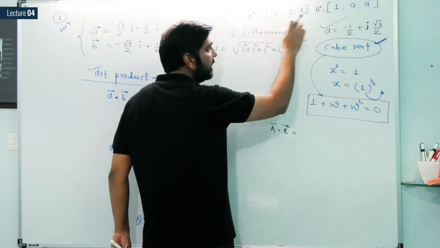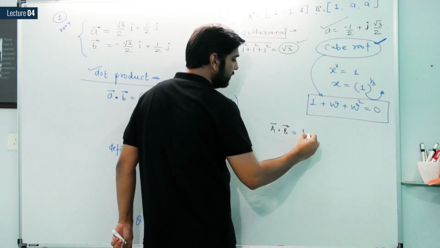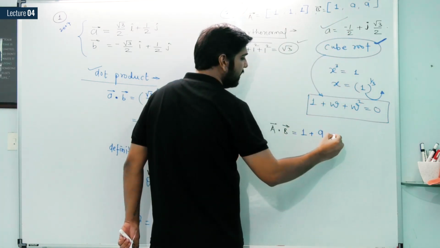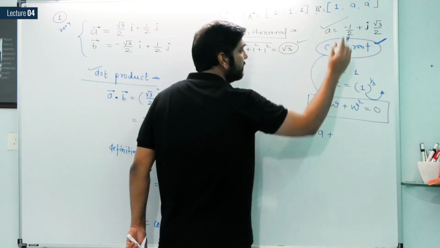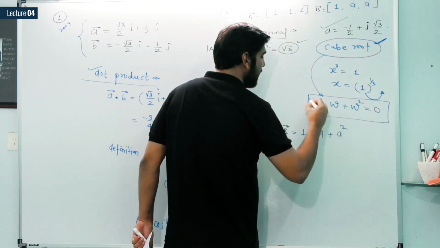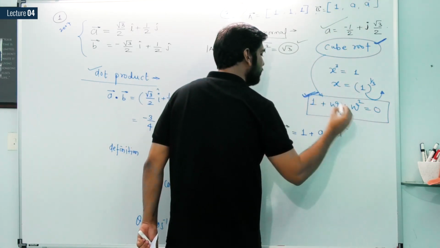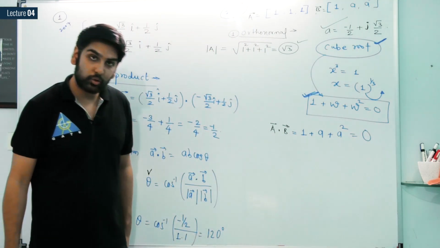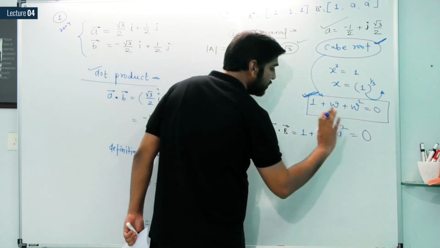After the dot product, I multiply 1 with 1, I have 1, plus 1 multiplied with a, I have a, plus 1 multiplied with a square, I have a square, and you know the concept of the cube root of unity without any doubt. 1 plus omega plus omega square is equal to 0. So 1 plus a plus a square is equal to 0.